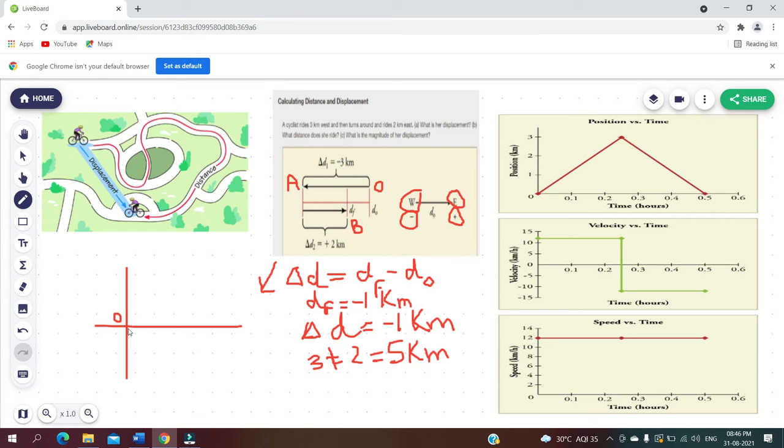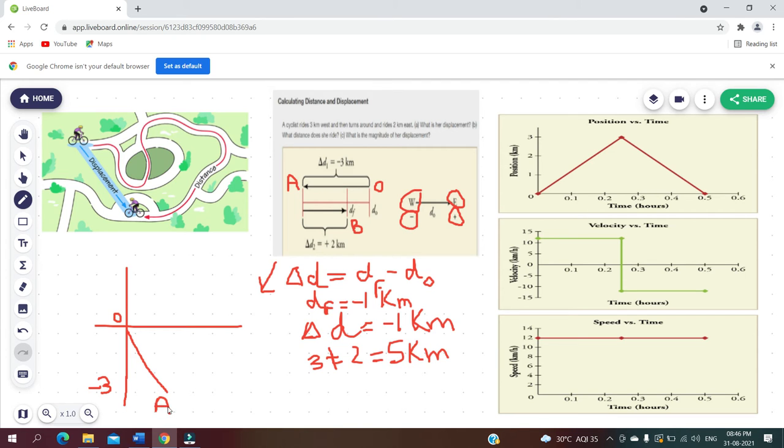Now the cyclist will move from O to A. It will go 3 kilometers in the west direction, so I will assign it a negative sign, minus 3 kilometers from O to A.